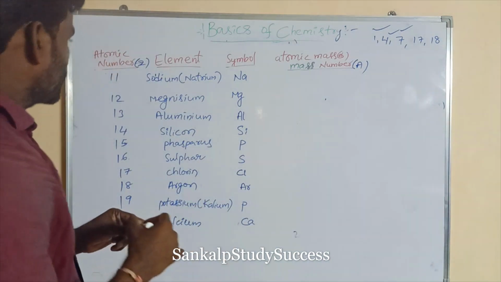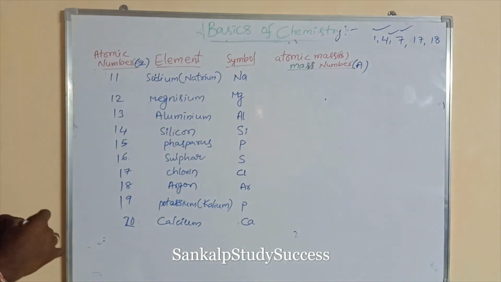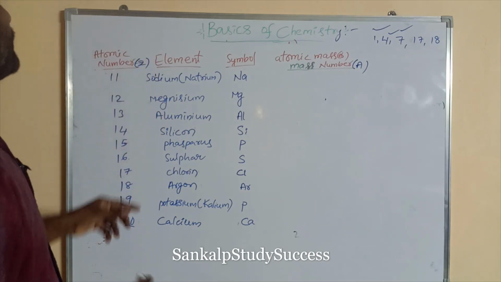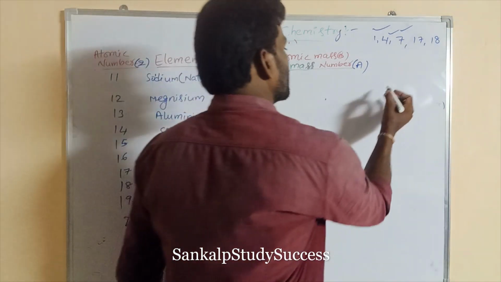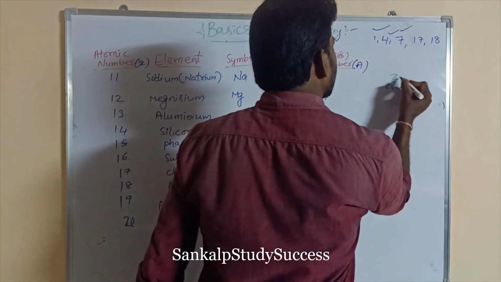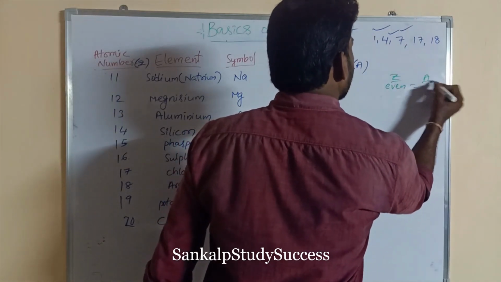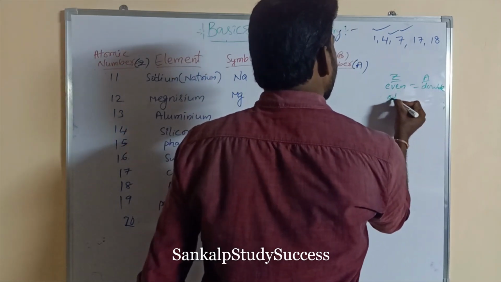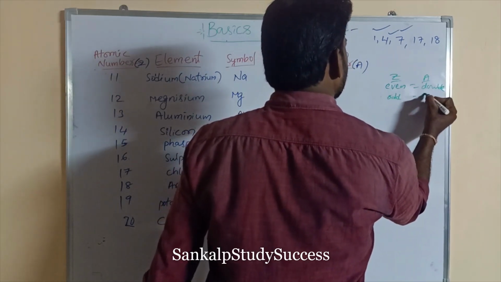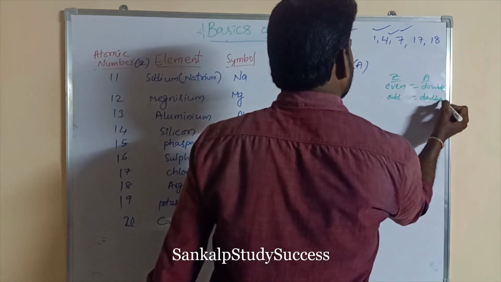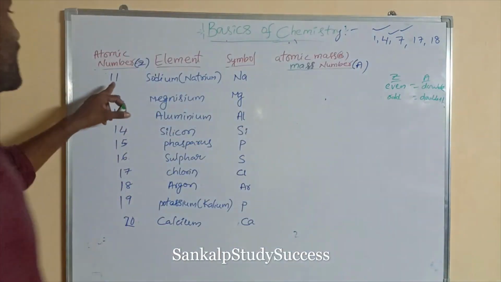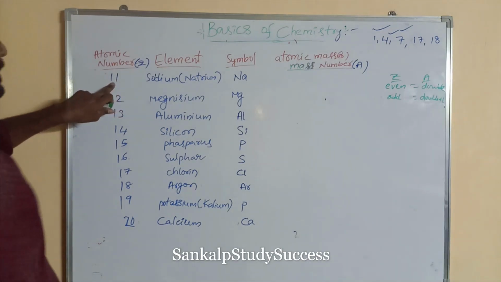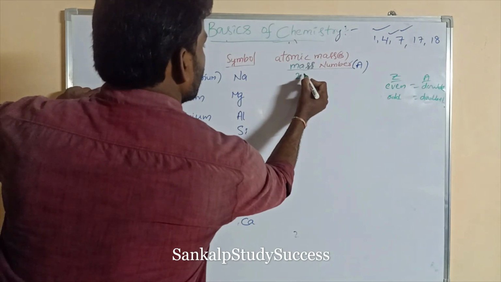We know that from 1 to 20, the rule is: if the atomic number is even, its mass number is double. If the atomic number is odd, its mass number is double plus 1. So 11 is the odd number. Its mass number is double plus 1. 11 × 2 is 22 plus 1, 23.